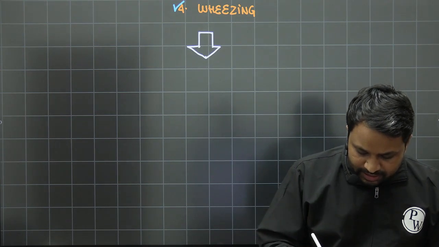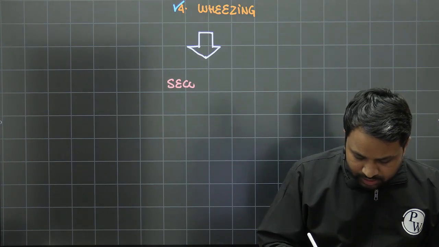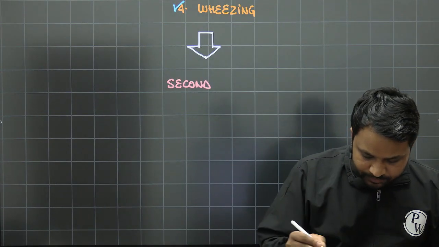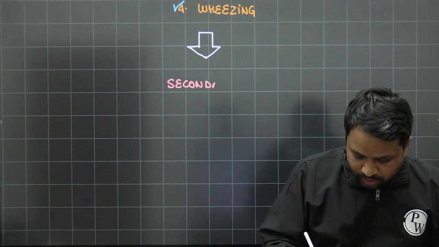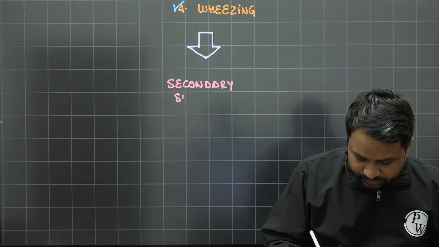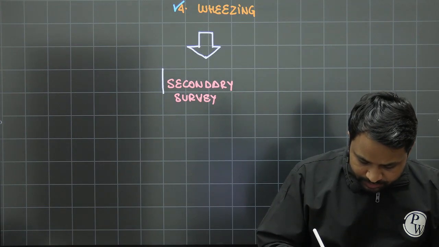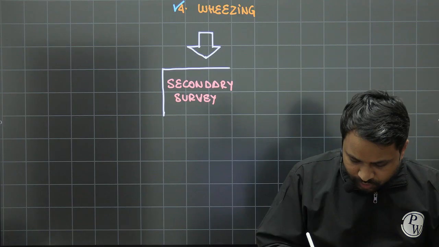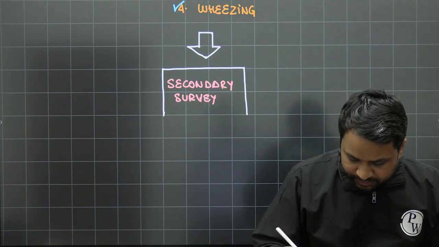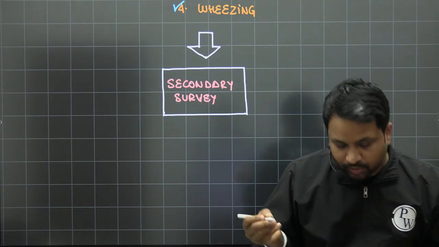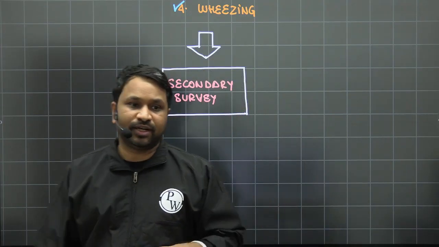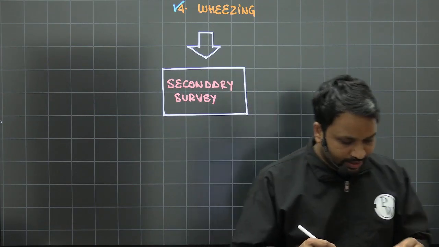So the next thing I'm going to do is perform a secondary survey. The basic goal of the secondary survey is to rule out any potentially life-threatening injuries, right?